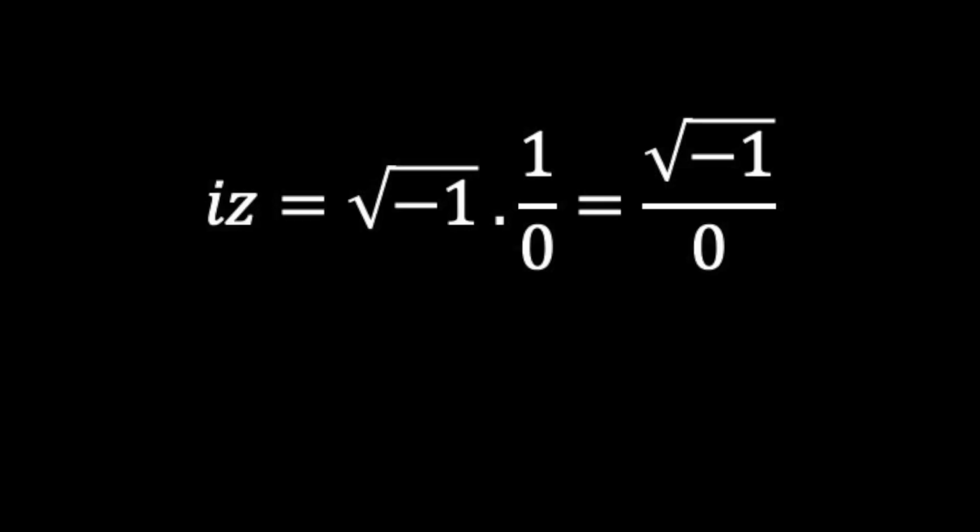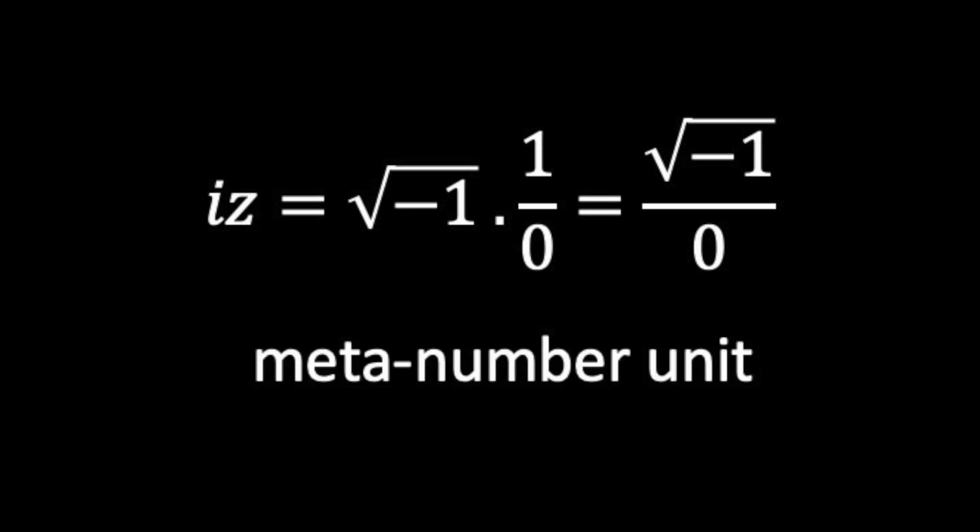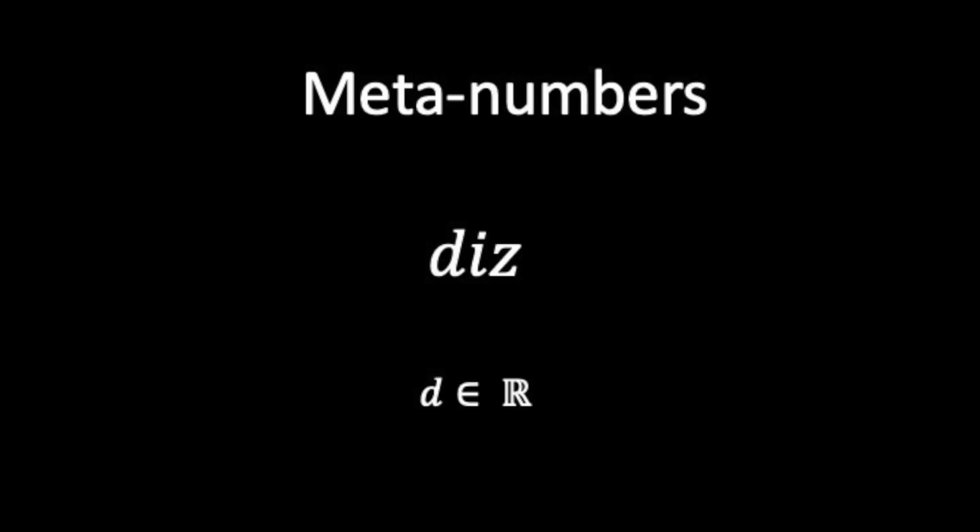It is the square root of -1 times 1 divided by 0, or the square root of 1 divided by 0, which is neither an imaginary number nor a zero number, and of course not a real number. iz is the unit of what we'll call the meta numbers. iz is the meta number unit, and meta numbers are numbers of the form d iz where d is a real number.